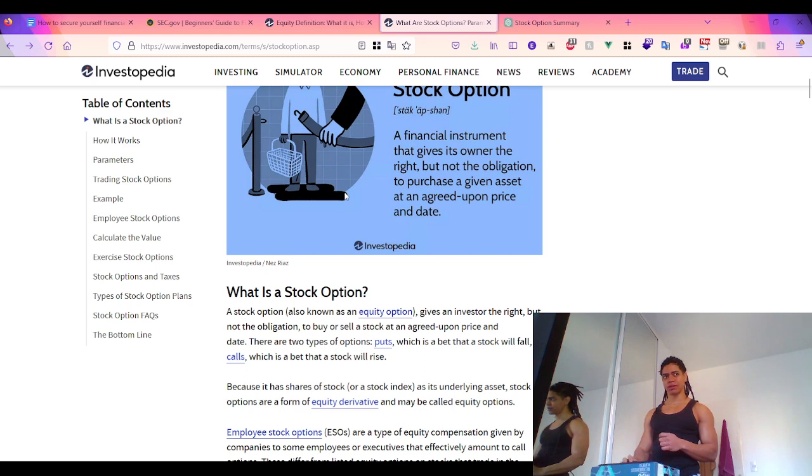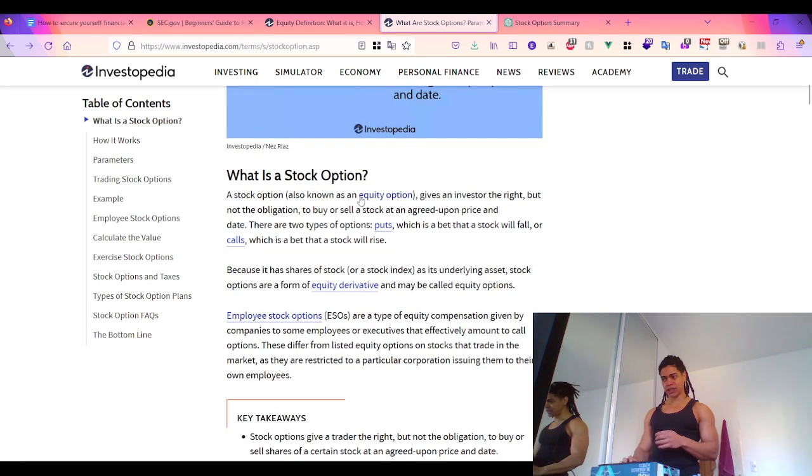And you have two types of options here: puts, which is a bet that a stock will fall, or calls, which is a bet that a stock will rise.